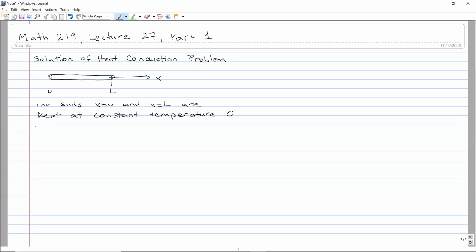The lateral surface is insulated. So heat flow is through the ends.